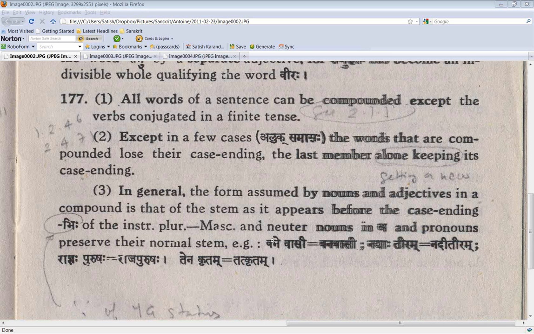Only make a note over here that this vigraha vakyam probably doesn't fit with that sutram. So anyway, that's not the point right now. The point is he's explaining how this vana is coming over here as vana. I don't know exactly what he means by they will preserve the normal stem. I think what he means is that it becomes vanaihi, ramaihi.